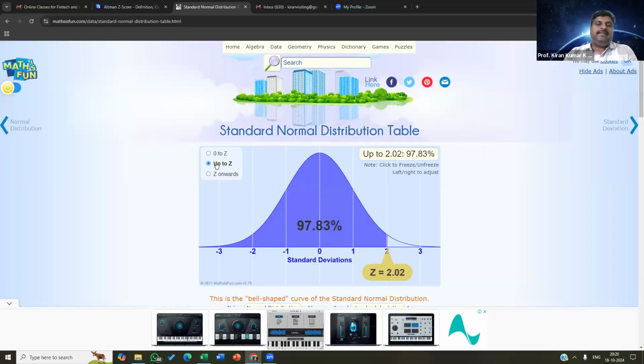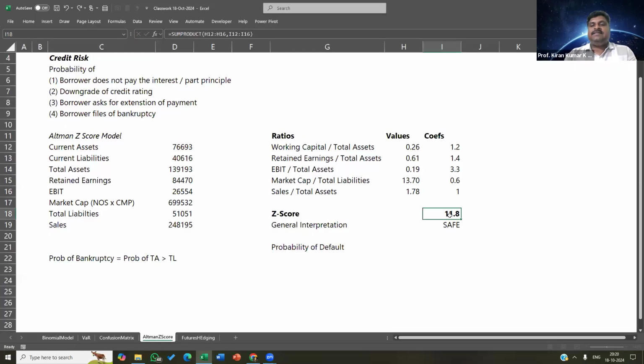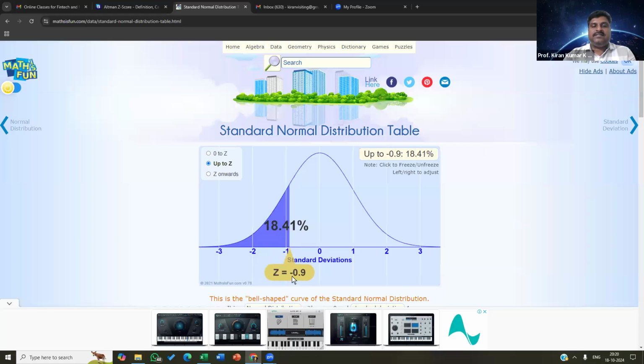Now let's say, for argument's sake, my Z score is 1.6, just to show you. Remember, according to the general interpretation, it is bankrupt. Can you watch my arrow here?